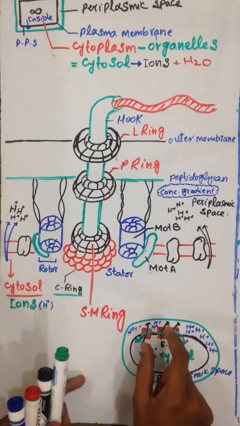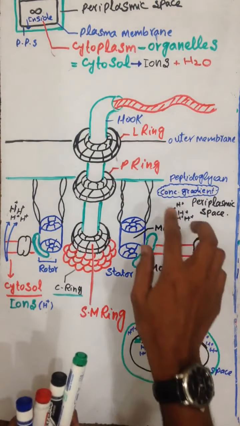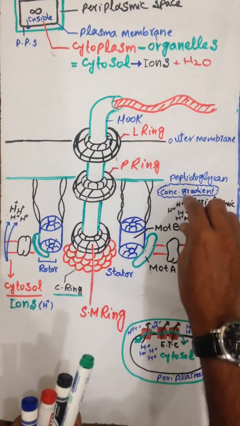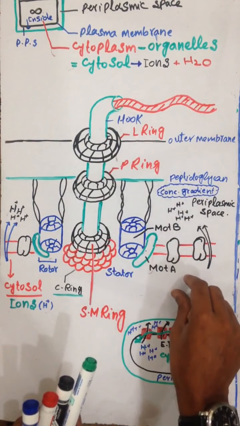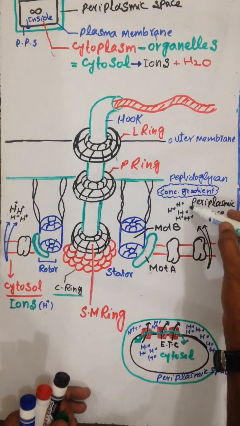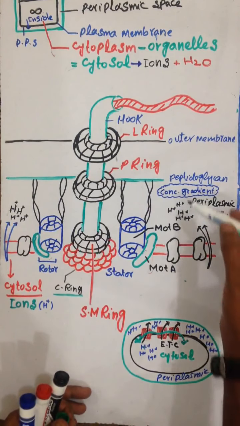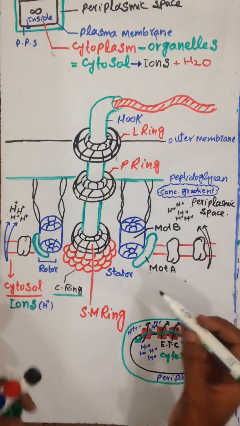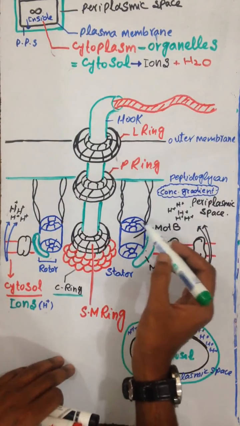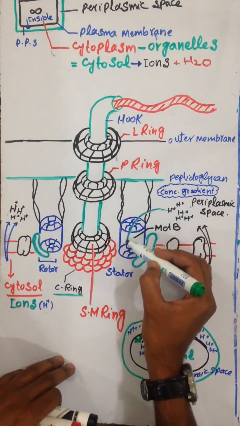When the periplasmic space contains more and more hydrogen ions, there will be a concentration gradient. How? There will be more hydrogen ions as compared to inside of the cytosol. So when ions are in higher concentration in the periplasmic space and lower concentration in the cytosol, that is called a concentration gradient.